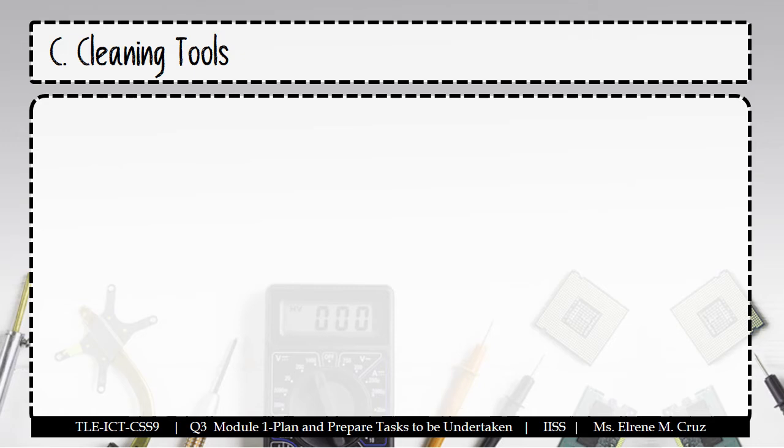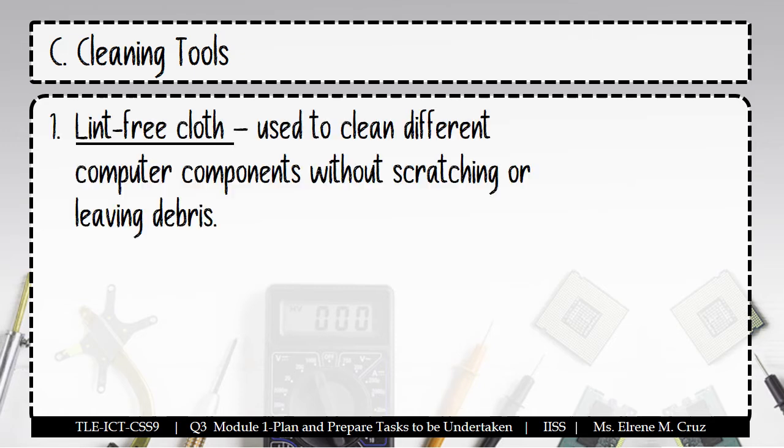The third category of the hardware tools is the cleaning tools. In maintaining and repairing computers, having the appropriate cleaning tools is important. Some cleaning tools are the following. Lint-free cloth, used to clean different computer components without scratching or leaving debris.